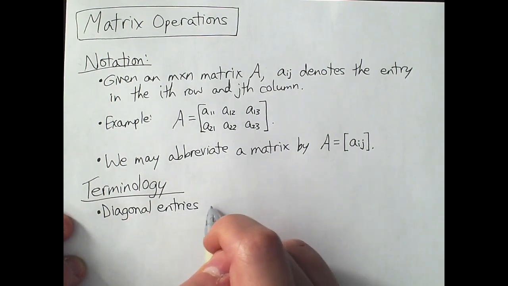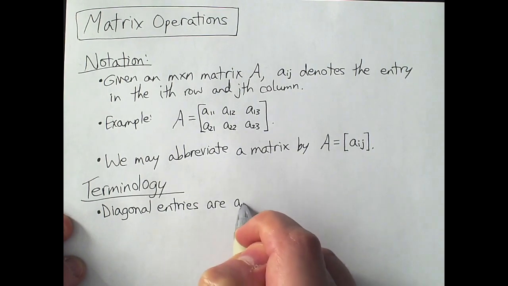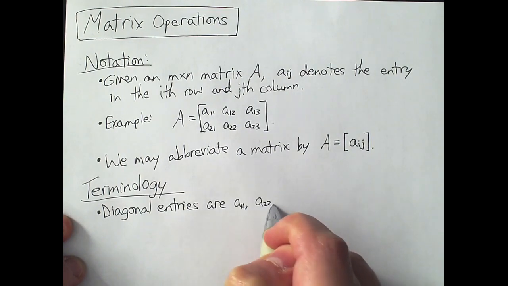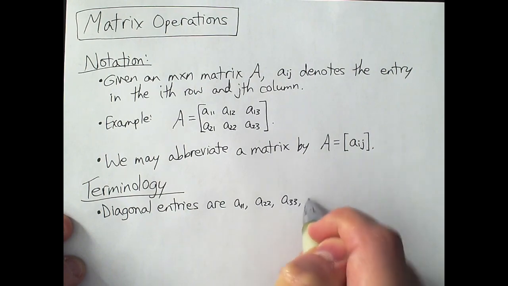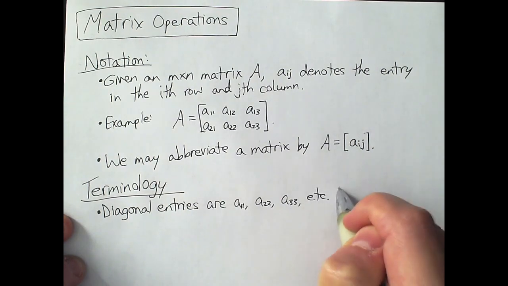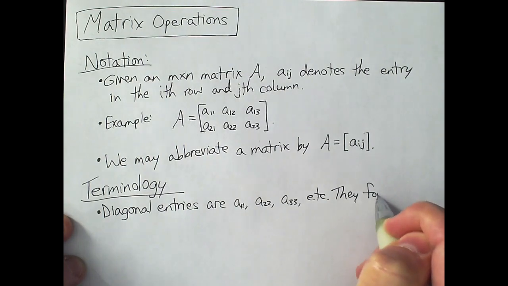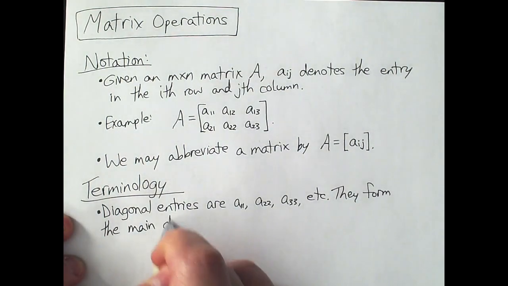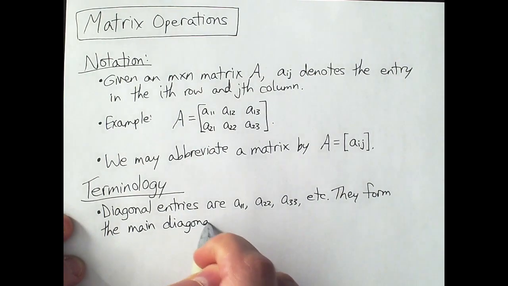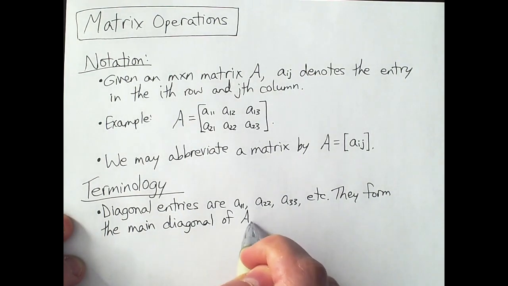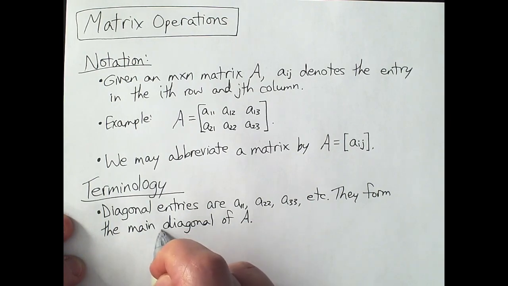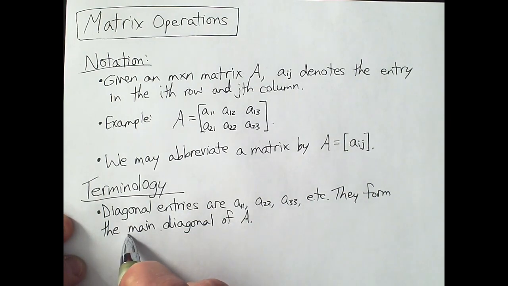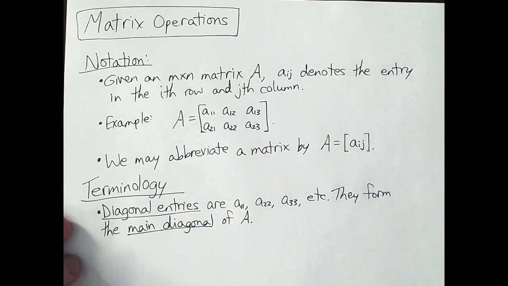Diagonal entries are a11, a22, a33, etc. They form the main diagonal of A. So there's kind of two terms in this sentence, or I guess it's two sentences. Main diagonal, diagonal entries. Two sentences, two terms.